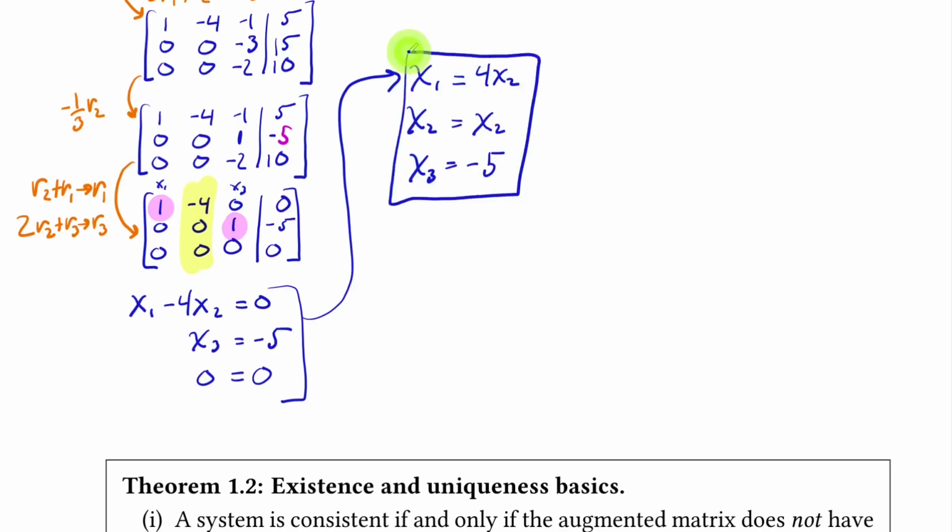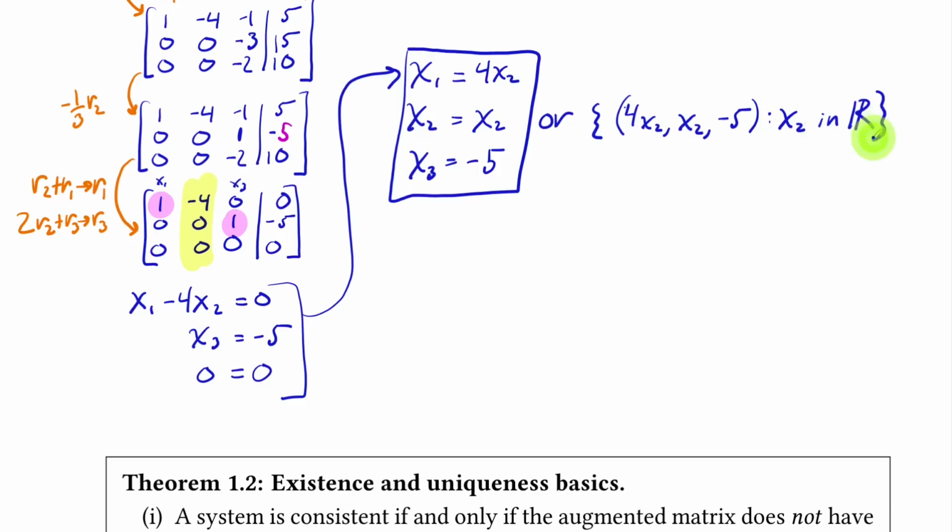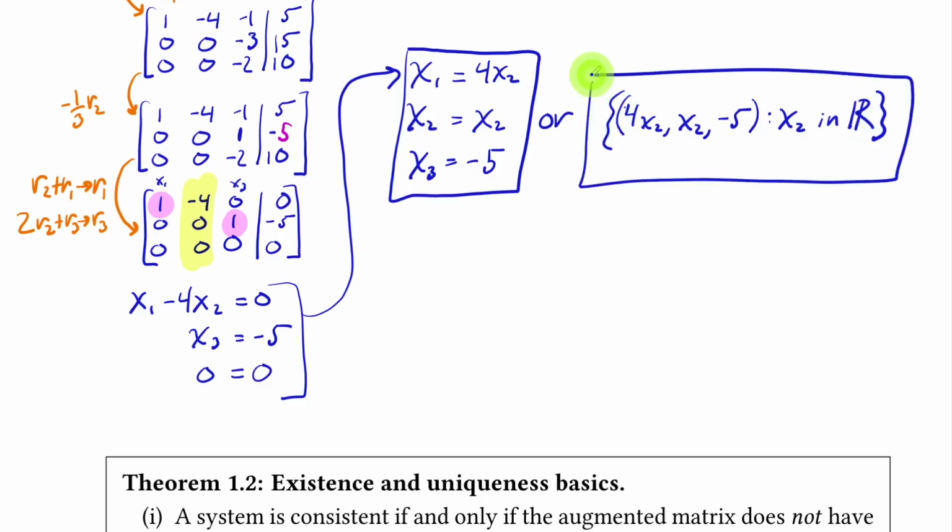You could leave it like that, or alternatively, you could say the solution set, described in set builder notation, is points of the form (4x2, x2, negative 5), such that x2 is any real number. Either of these are fine.